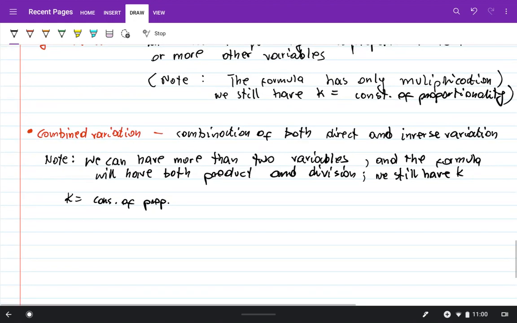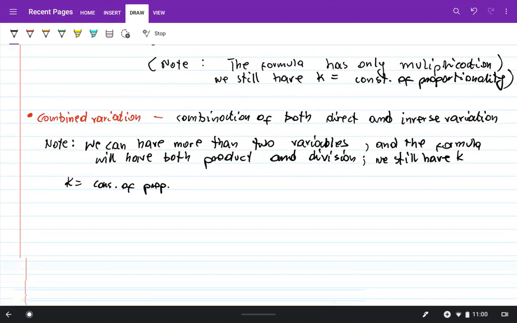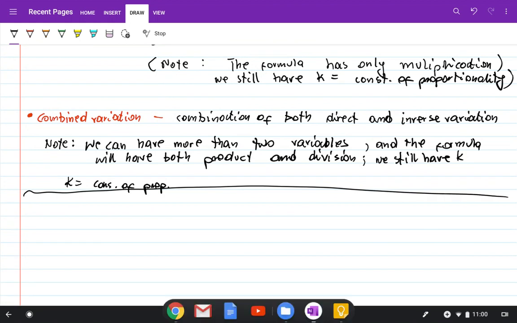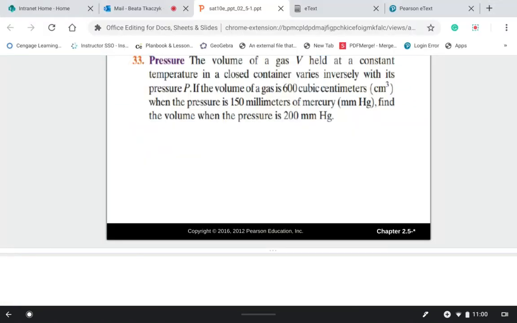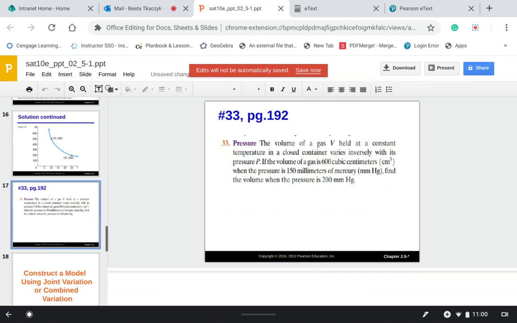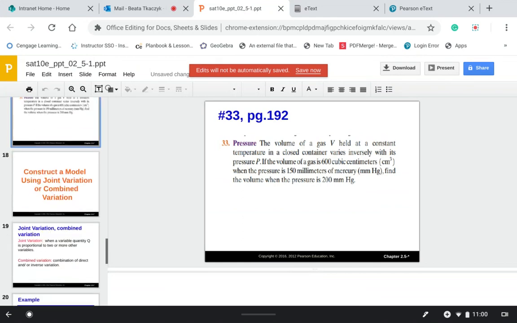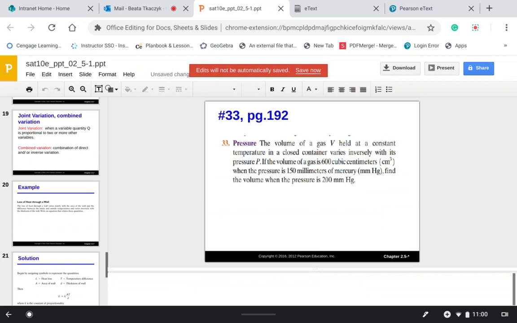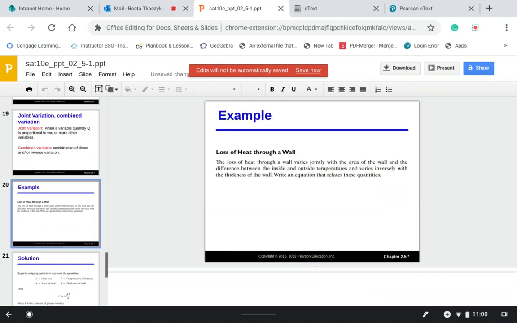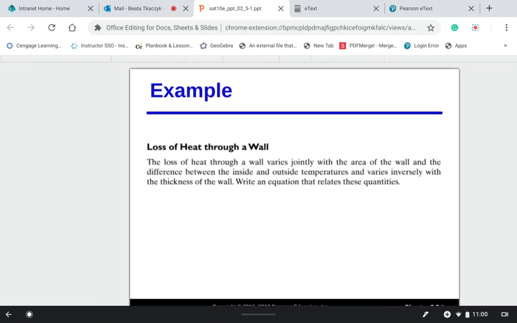Okay, so I'm going to explain this based on the example which we have on the PowerPoint. Let's log into the PowerPoint, which you guys have. I'm going to talk about the problem of loss of heat through the walls.